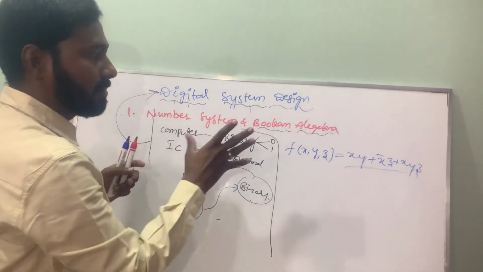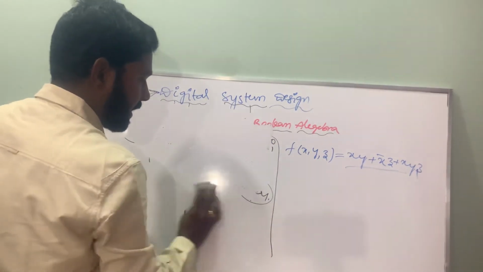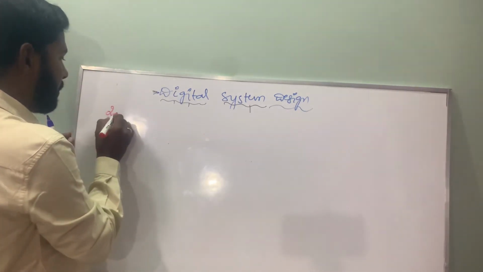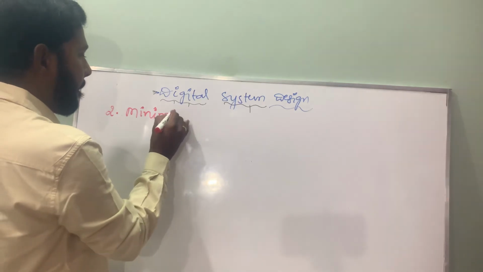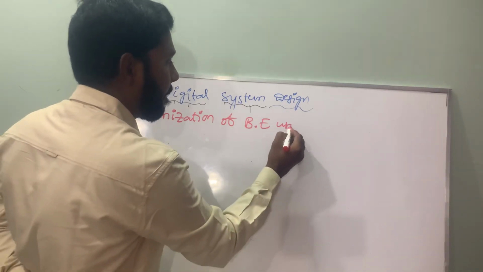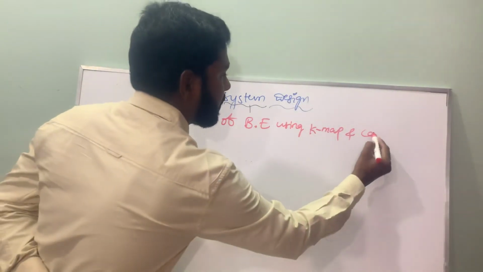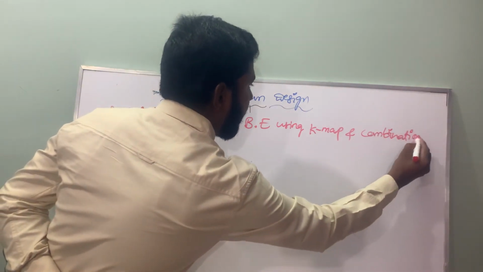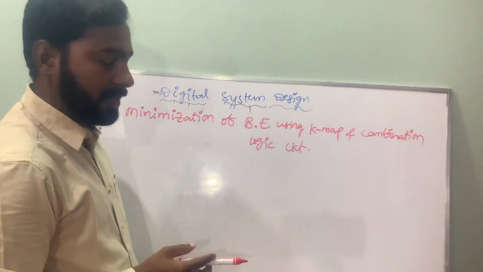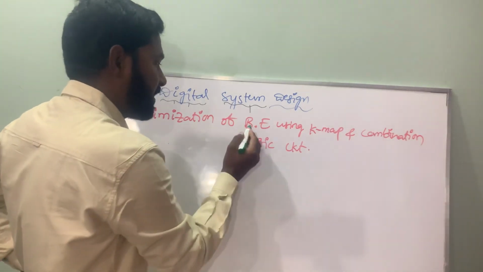So this is the purpose of the number system and the purpose of Boolean algebra. Next, the second chapter is minimization of Boolean function using K-map.